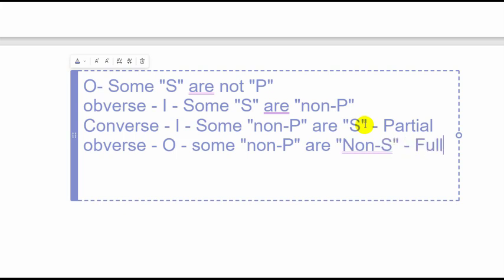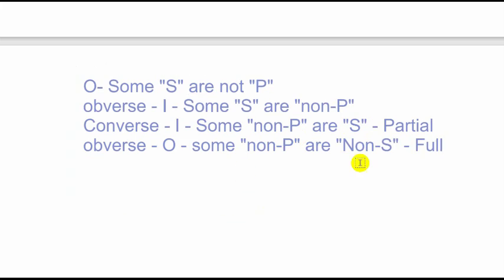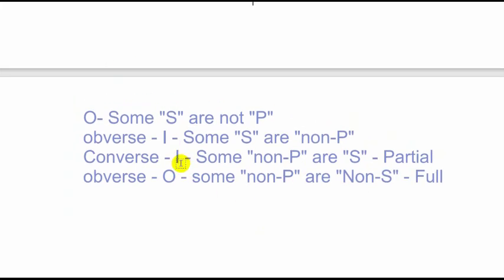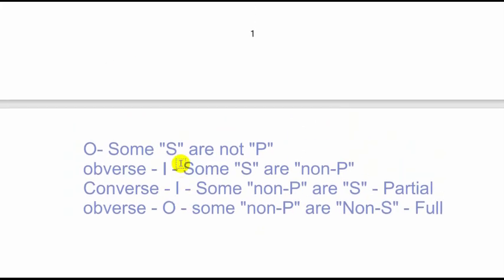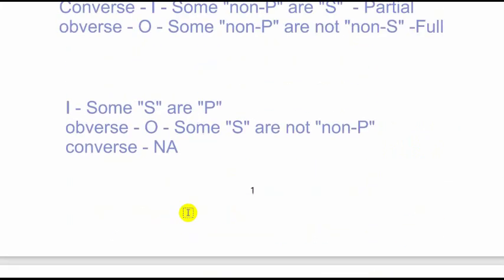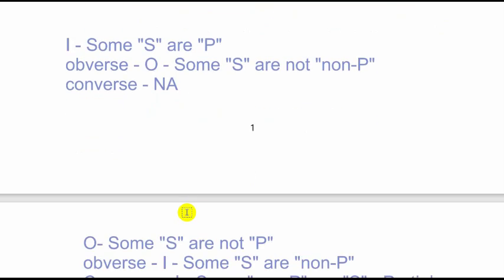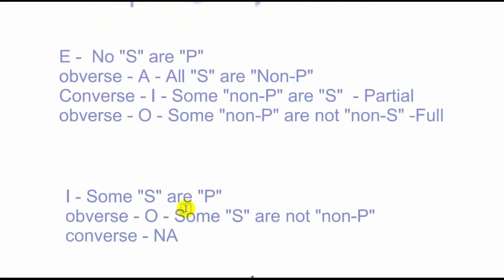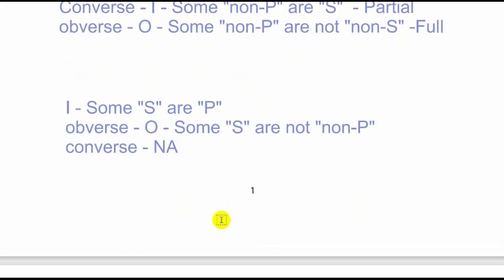This is full. I hope you got full clarity as to how to convert any proposition type into its contrapositive, whether it be partial contrapositive or full contrapositive. Along with the examples that I've given, we see that for the I proposition, contrapositive is not possible.